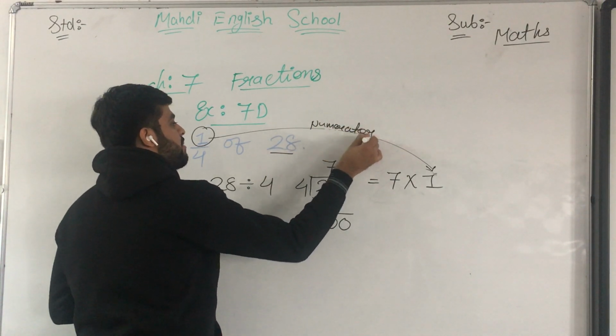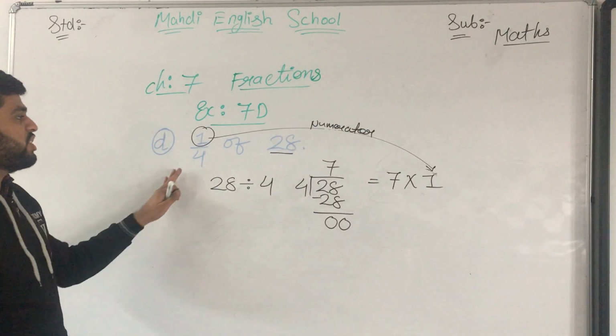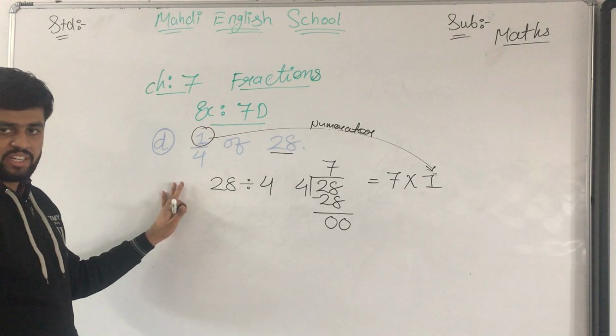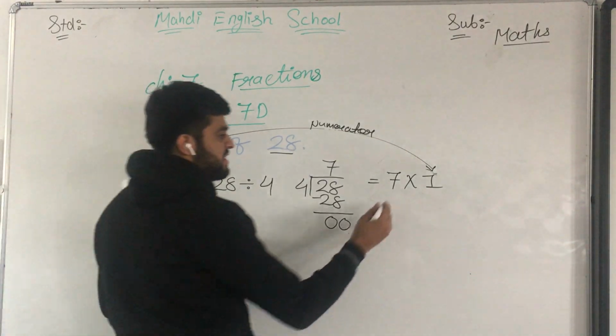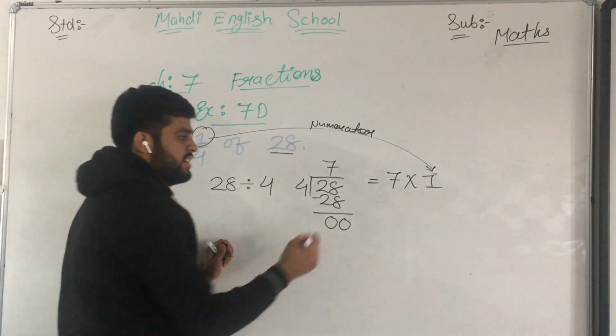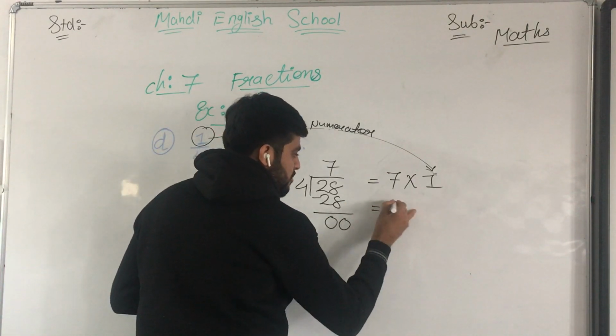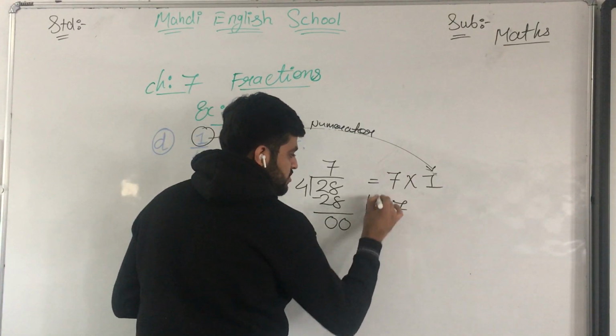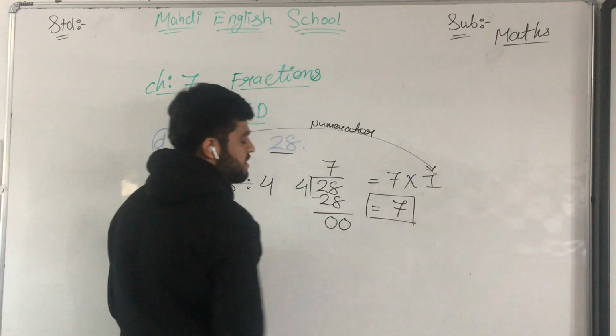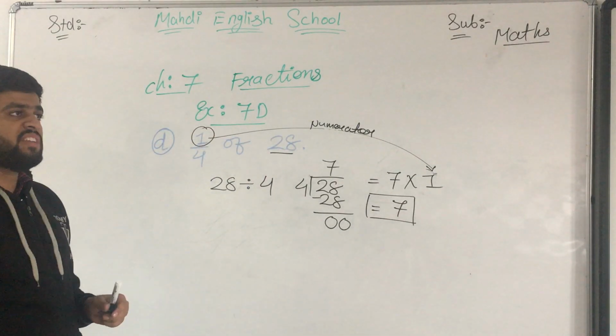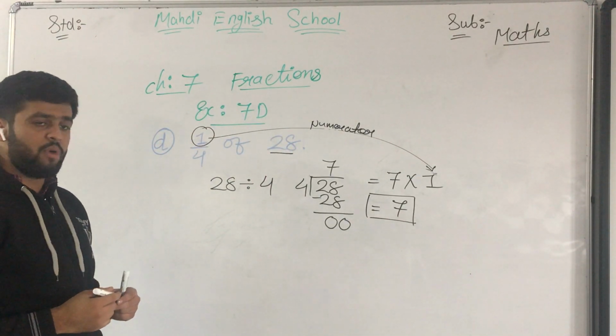Again I am telling you, don't forget the term of this, called the fraction digit. Okay, 7 ones are 7. So here we write, 7 ones are how many, my dear students? 7. So the answer is 7. In the answer you must make a box.